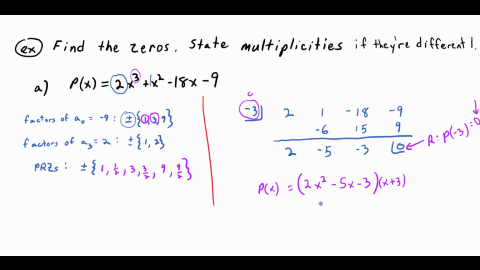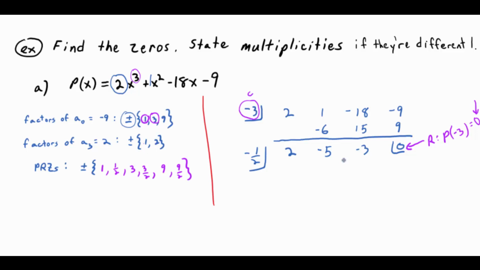So instead of concentrating on the more complicated degree 3 polynomial we were given, we can concentrate on this degree 2 quotient. You could factor it or use the quadratic formula on it, but here's a slicker way to do it. You're pretty darn sure that negative 1/2 is going to be a 0. So just continue the synthetic division on those coefficients you already have written down from the division you already did.